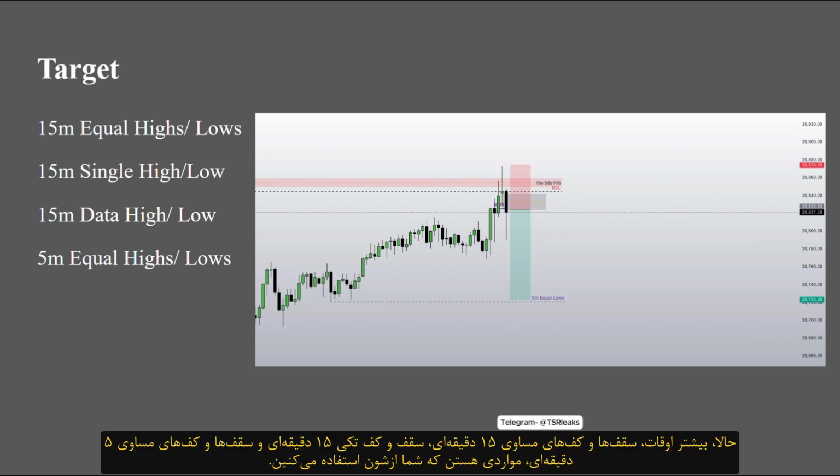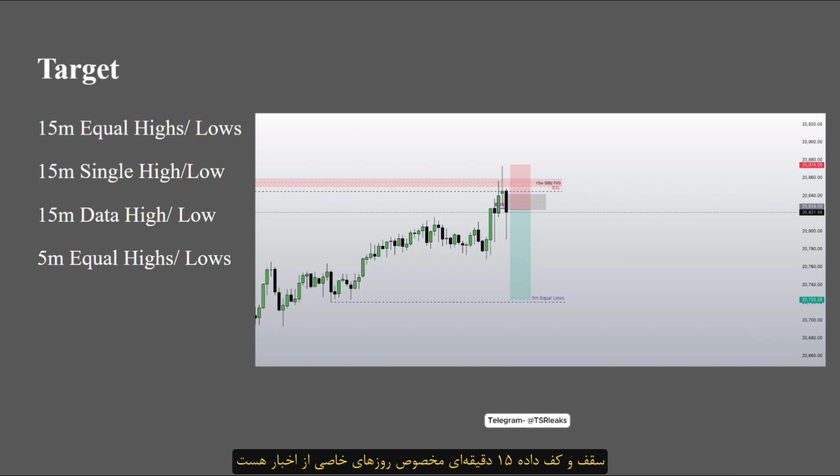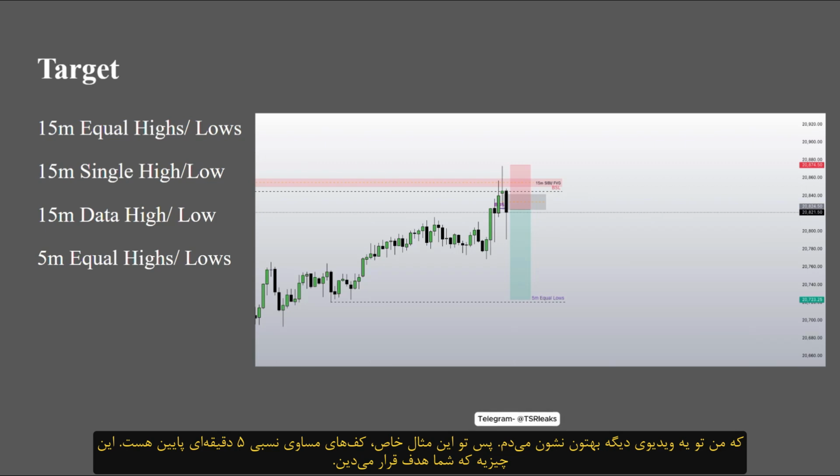Now, most of the time, 15-minute equal highs and lows, 15-minute single high and low, and 5-minute equal highs and lows will be the ones you utilize. The 15-minute data high and low is specific for certain news event days, which I will be providing in another video. So, in this specific example, there are 5-minute relative equal lows below. That is what you are targeting.